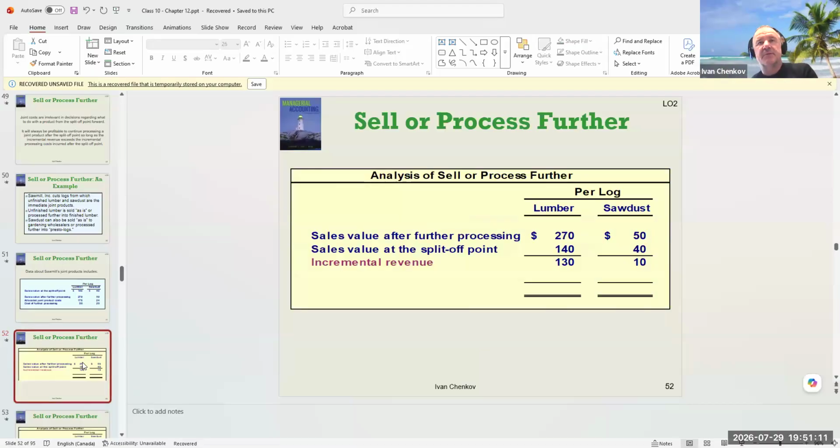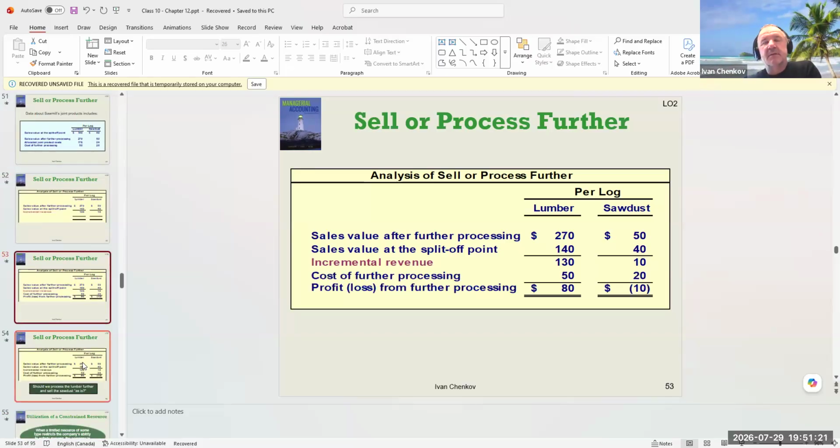Let's see the slides. Once we have this information, again, we're going to restructure it and see what incremental revenue we're generating for each of the products. $130 from the lumber, $10 from the sawdust.